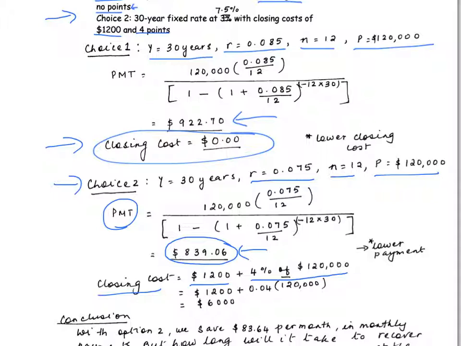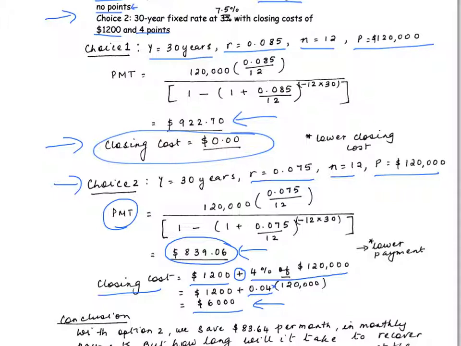So that is 4% of $120,000. So that is in addition to the $1,200. So 4% is 0.04 times $120,000. Use your calculator and you'll see that the closing cost comes up to $6,000.